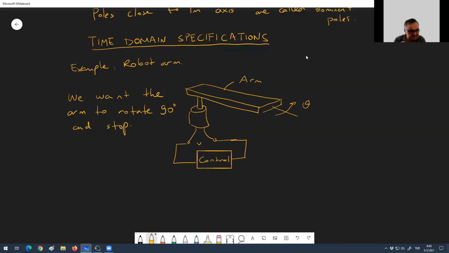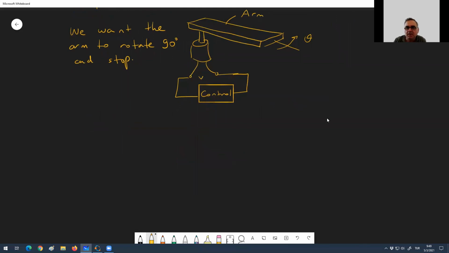Okay. So this is a step response. We give a command of 90 degrees, and then the arm rotates 90 degrees and stops, but it might do the following. It might overshoot a little bit. It might come to 120 degrees and come back to 90 degrees.